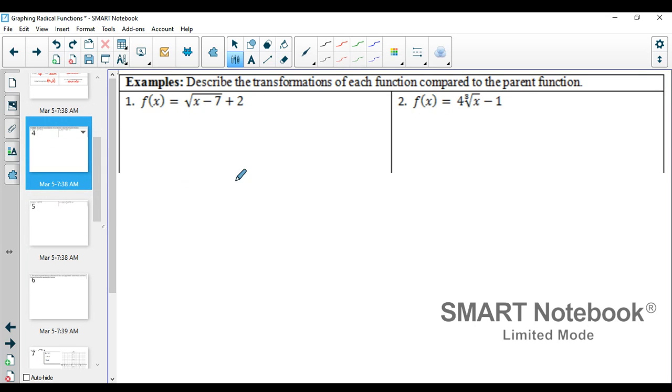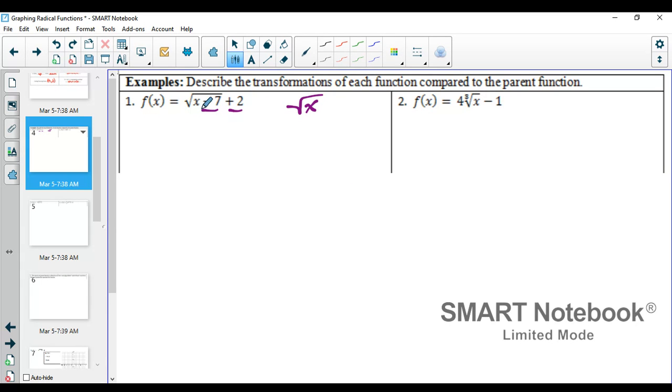Okay, so we're going to do some examples here. We're just going to describe the transformation of each function compared to the parent function. For number 1, we have f of x equals the square root of x minus 7, plus 2. So our parent function is the square root of x, and that means the negative 7 and the positive 2 are our transformations.